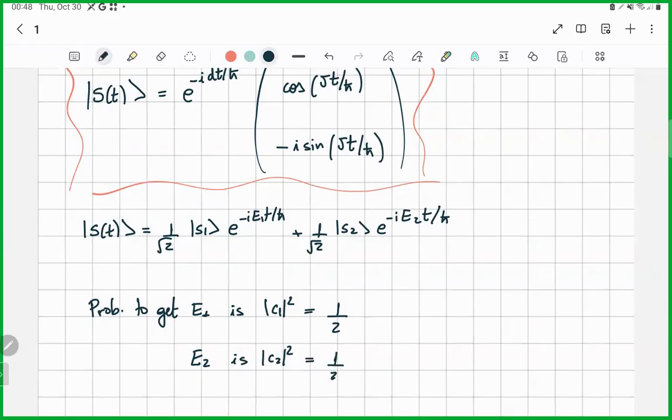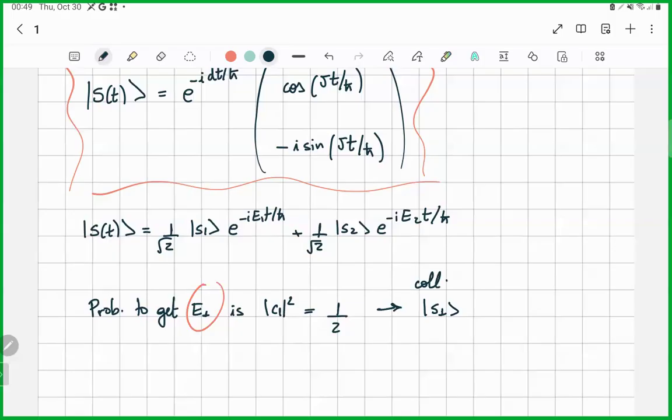Okay. You already knew that, but I want to add one more thing to this story. You know that when we measure, we collapse the wave function. When we measure, and let's say we measure and we got energy E1, we are no longer in that state S(t). After that, the system becomes collapsed.